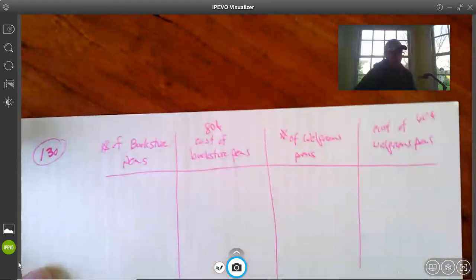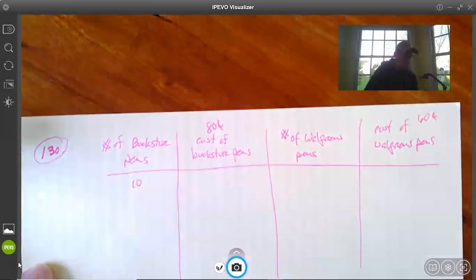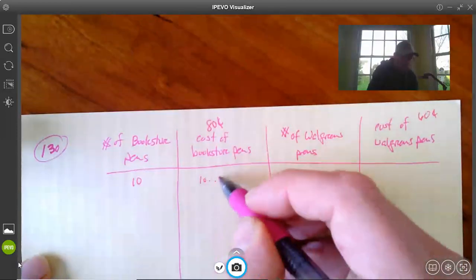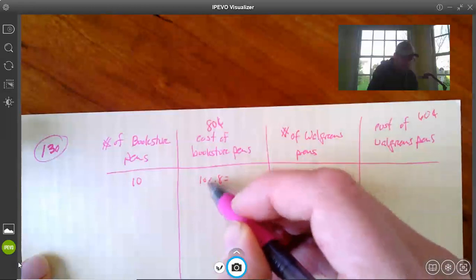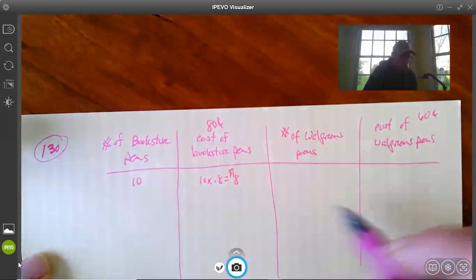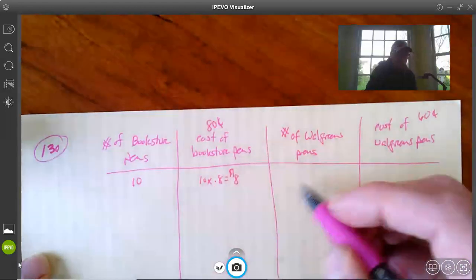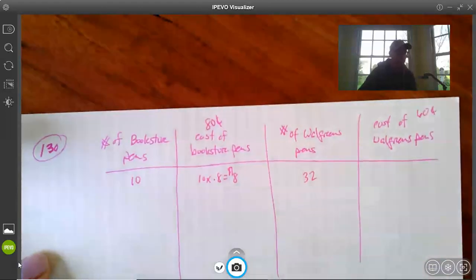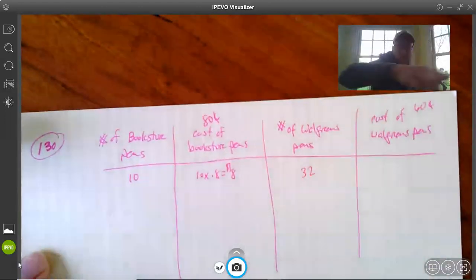So let's just pick a number like 10. We buy 10 bookstore pens, so at 80 cents each, that's 10 times 0.8, which is $8. Walgreens pens, well, that would be 32 remaining Walgreens pens times 60 cents each. We've got a calculator here.